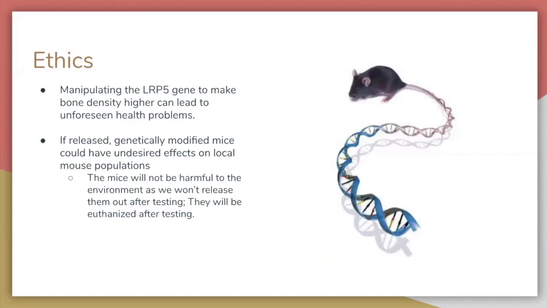So if we were to modify the mice to have this, or potentially modify humans, there could be a potential disease related to it, similar to how osteoporosis affects your bones. So it may be that having higher bone density could have adverse effects that we don't entirely know about, or that it could cause other issues because the gene could be related to something that we don't know. Right now we know it's related to bone density, but it could be related to something else.